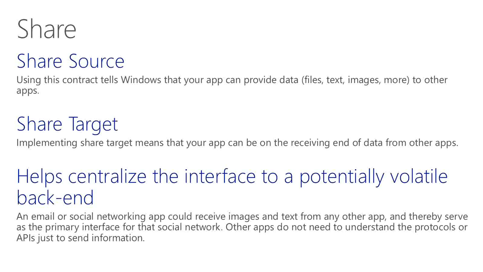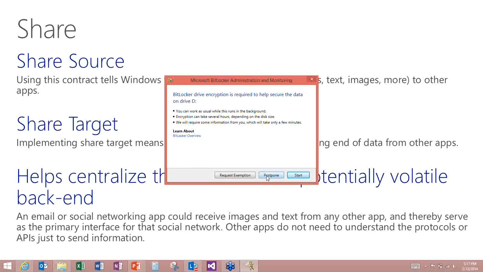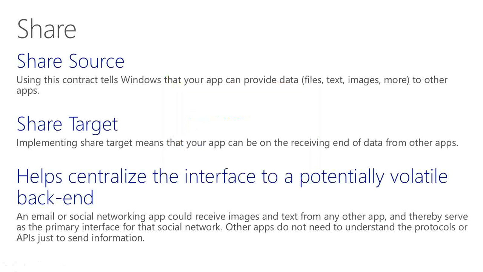Now, if I'm building an app, that app typically can be a share source. That means I'm going to push some information from my app onto a different app, which is called a share target. Facebook is a share target because Facebook is a recipient of share content.